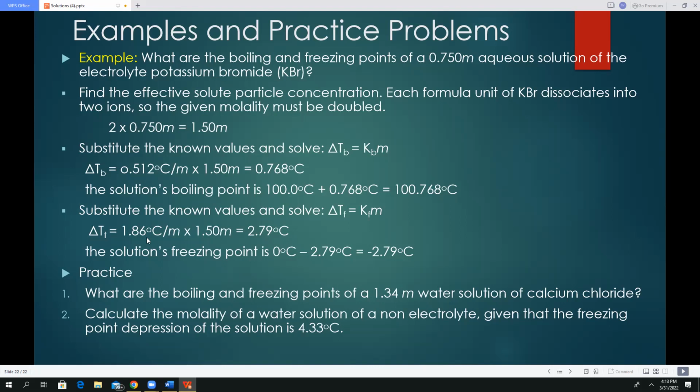So it's the opposite. It's 4.33 divided by 1.86. But if it is a non-electrolyte, oh, I didn't miss anything. The molality is 2.33. Yes. Okay, so that's what I got, 2.33 molal.